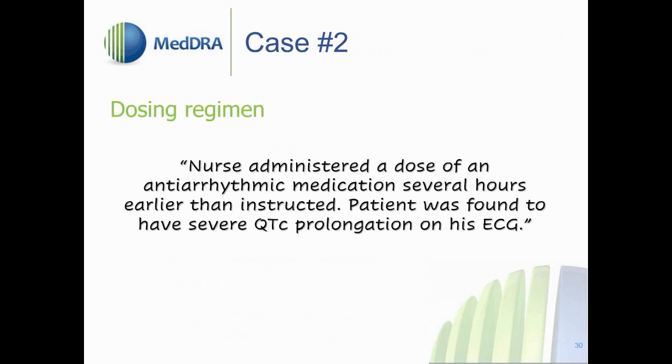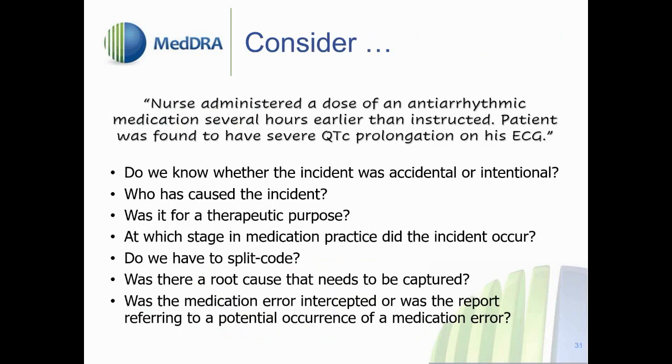Next one. Here it is reported that a nurse administered a dose of an antiarrhythmic medication several hours earlier than instructed. The patient was found to have severe QTc prolongation on his ECG. We will again first closely look at the verbatim to better understand this report and what has to be captured for this coding scenario.